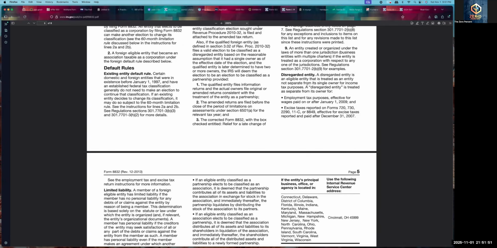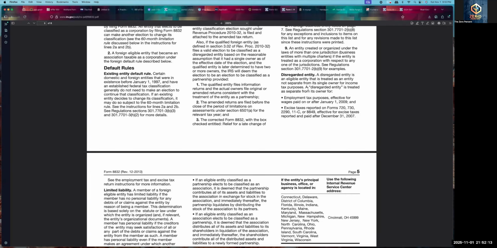It is not separate from its single owner. Okay. Now there are different entities out there that is still considered a disregarded entity, but the way it makes its money will determine if it can or cannot be separate from its owner.